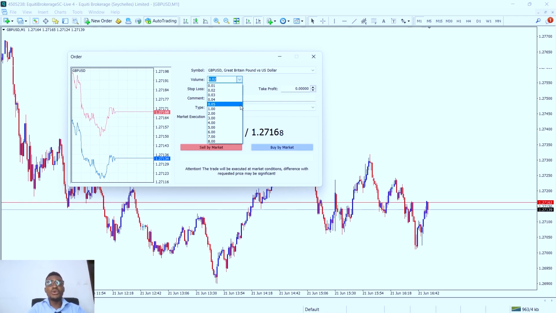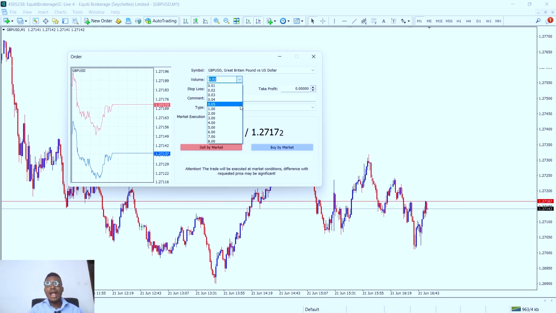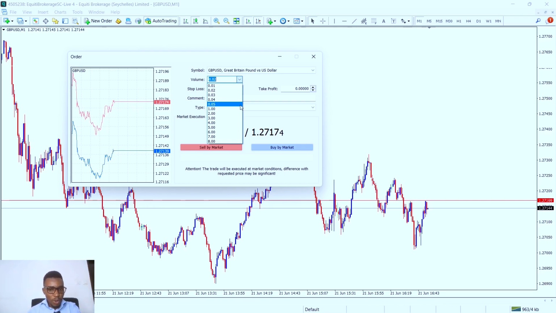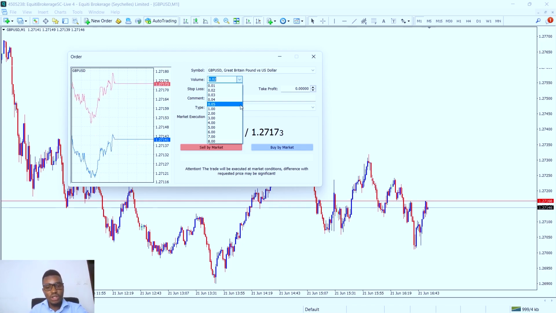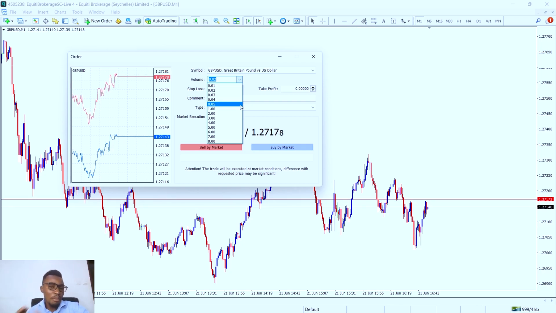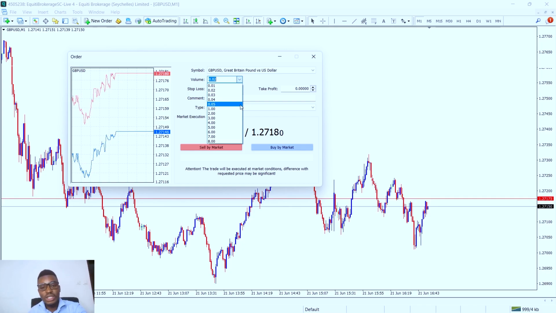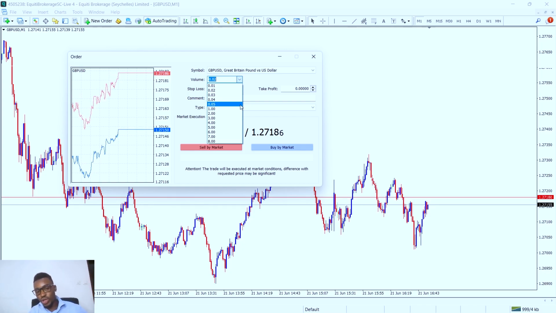So take for example, you're using a $10,000 account and then your stop loss. And your stop loss has to do with market structure or the currency pair you're trading. So it depends on how volatile the market is or how smooth the market condition is that you set your stop losses. And your stop loss determines the volume of the trade you take.